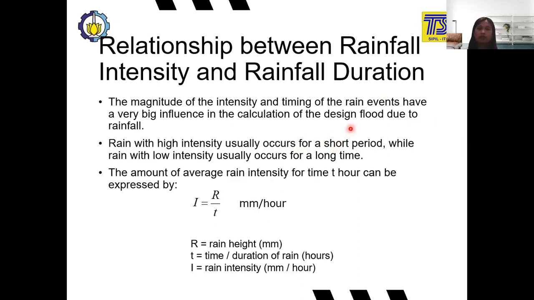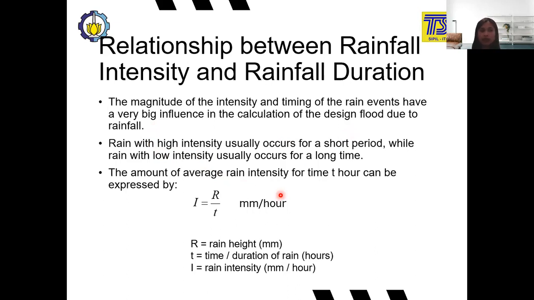Rain with high intensity usually occurs for a short period, while rain with low intensity usually occurs for a long time. Maybe you already know this fact by experiencing the rainy season before.